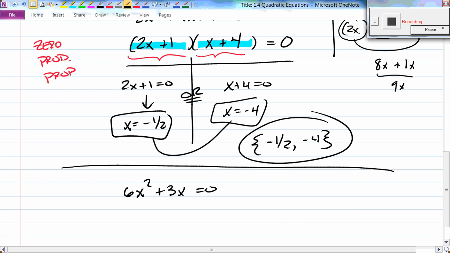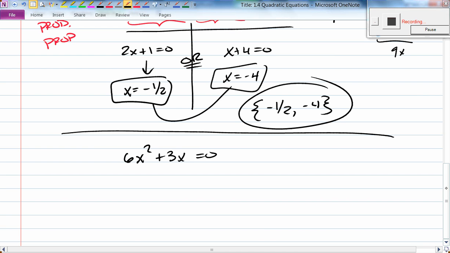So try to factor or solve this quadratic by factoring 6x squared plus 3x equals 0. Okay, there we go. Awesome. So when we solve by factoring, factoring doesn't always mean factoring a trinomial. Sometimes you just factor out the greatest common factor, and that gives you 2x plus 1. See that?